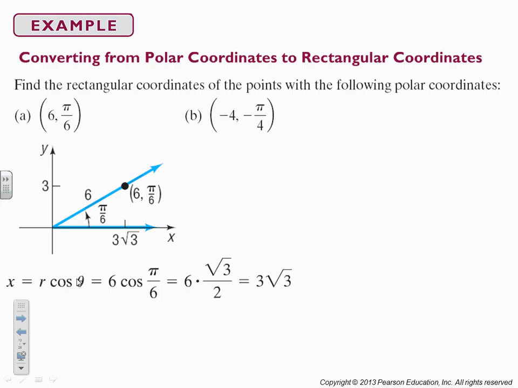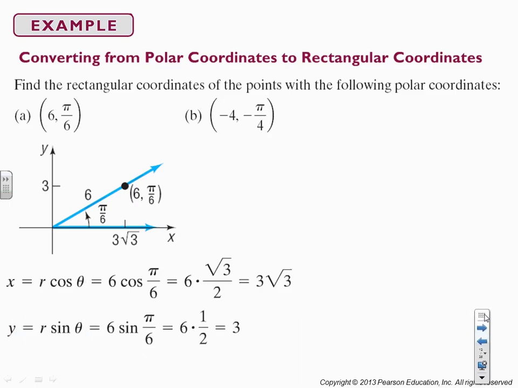So it's 6 times root 3 over 2, and that simplifies to 3 root 3. That's the x coordinate. We still have to find the y coordinate. So y is equal to r sine theta. That's 6 times the sine of pi over 6, or 6 times 1/2, which is 3. So the rectangular coordinate that corresponds to 6 comma pi over 6 is 3 root 3 comma 3.